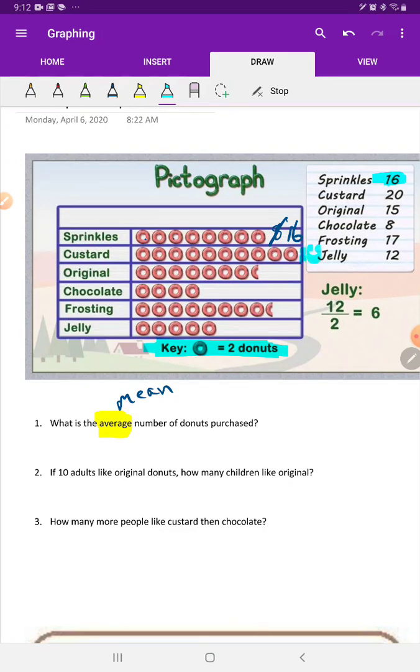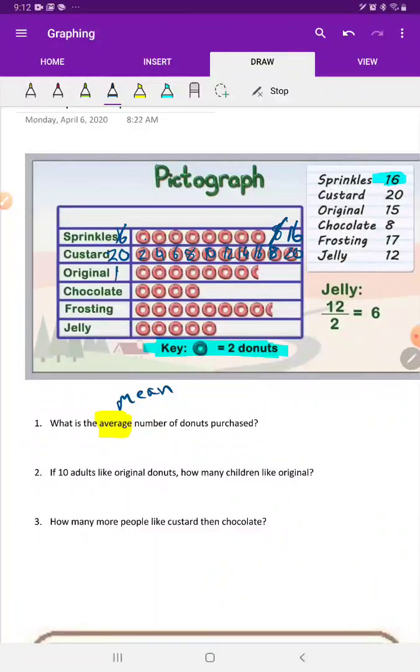This one's 20. Oh, whoops, that's the wrong color to be writing with. Let me write it over here. 20, 16. And remember that's because this is 2, 4, 6, 8, 10, 12, 14, 16, 18, 20, because every donut, or every round thing, is worth 2.